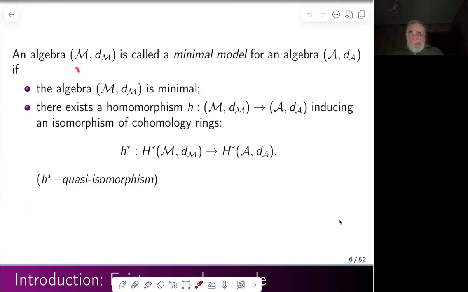We say that an algebra M with d sub M is a minimal model for our differential graded algebra A if the algebra is minimal in the above sense, and also if we have a homomorphism from one algebra to another, which induces an isomorphism of homology rings. In this case, this induced homomorphism H star is usually called a quasi-isomorphism.